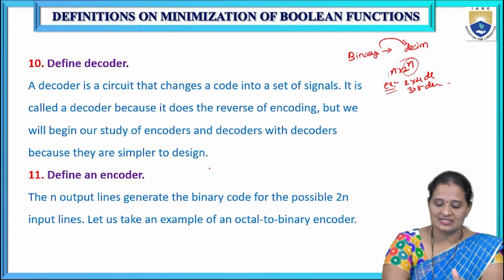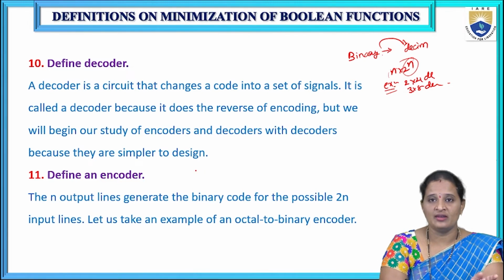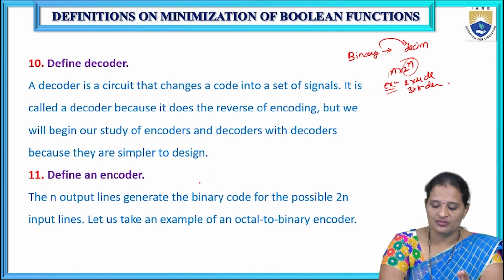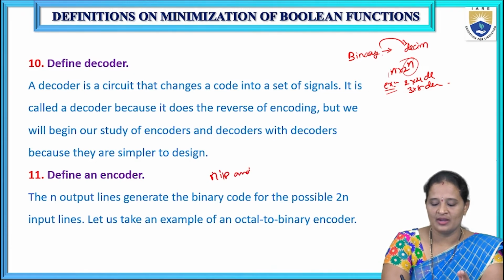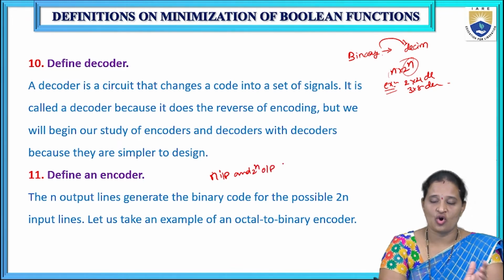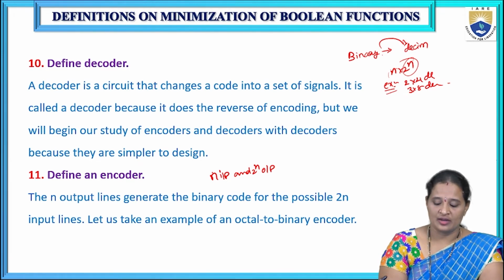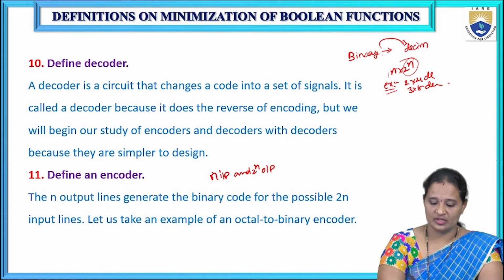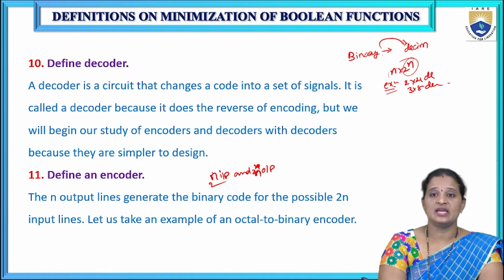That means we can define an encoder as a combinational circuit which converts the given decimal data into its binary data, and sorry, this is 2 power n inputs and n outputs.